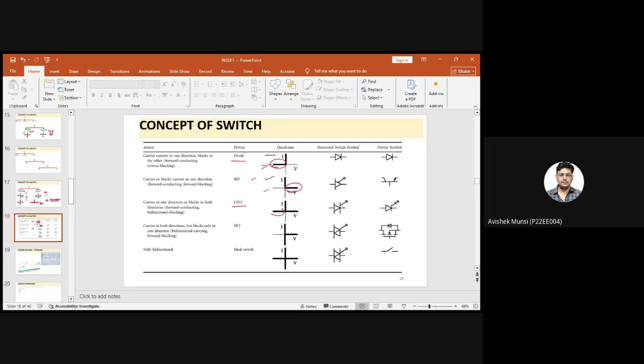It has the capability of both blocking states, so it is a bipolar unidirectional switch. And next, a normal FET, if you consider, is a bidirectional unipolar switch. And an ideal switch can conduct in any direction, so it is a bidirectional bipolar switch. For example, MOSFET is categorized into that.